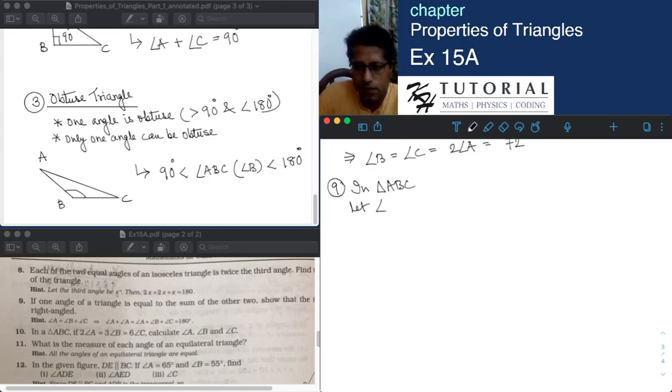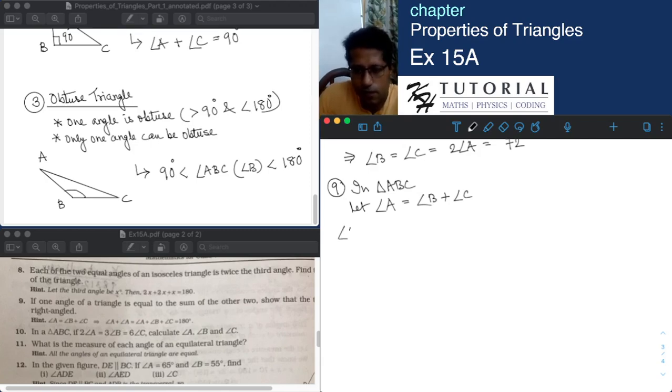Let angle A be equal to angle B plus C. You can consider anything. You could have also considered angle B equals angle A plus C, or angle C equals A plus B. It will make no difference. You can always assume any angle to be the sum of the other two angles. So I am assuming that angle A is equal to angle B plus C.